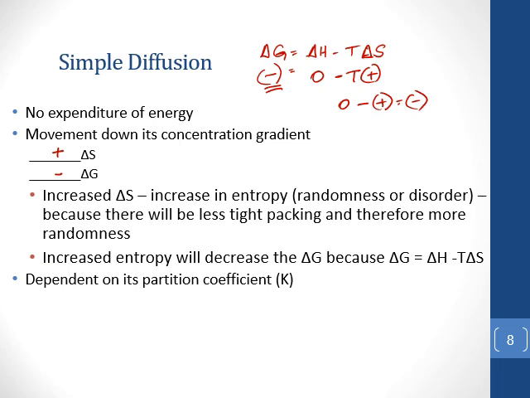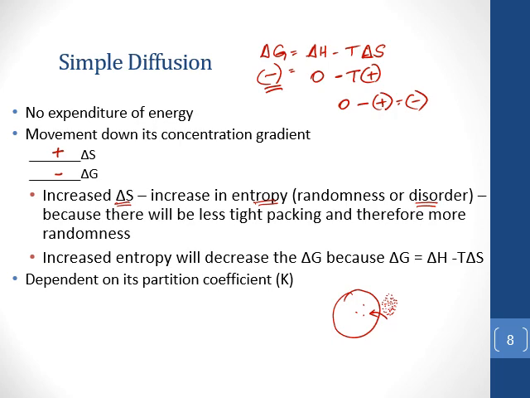Now, let's think about why that is. The increase in delta S, or the increase in entropy, or the randomness or disorder, occurs because there's less tight packing and therefore more randomness. In other words, if you consider something tightly packed over here, a high concentration over here, and we're moving it in here where there isn't much, then what's going to happen?